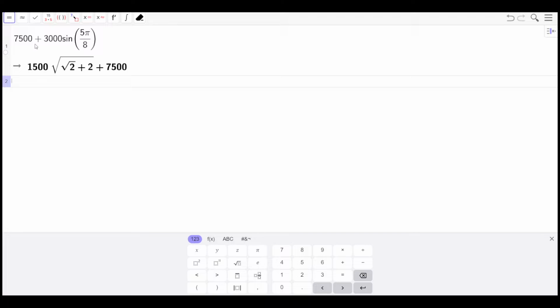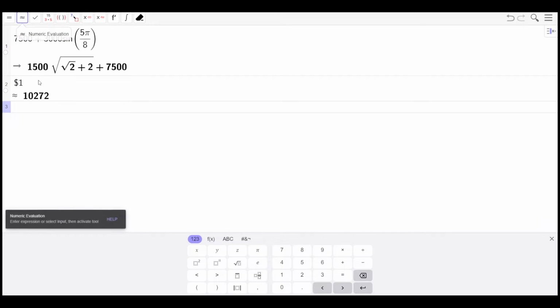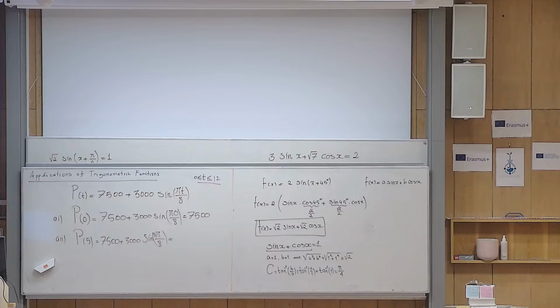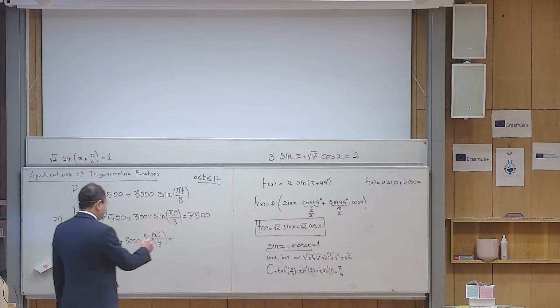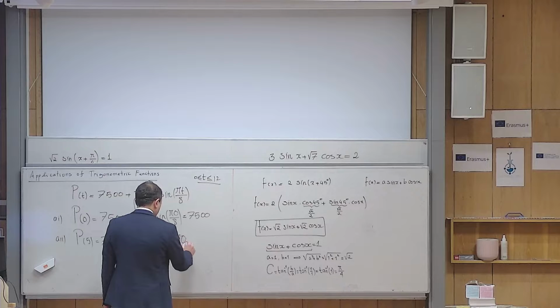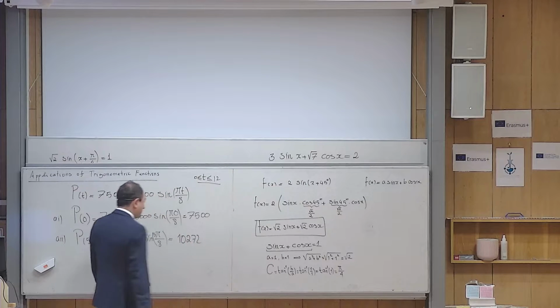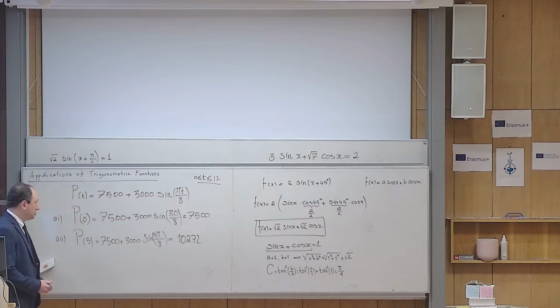But here in this problem, we don't care about exact values. I approximate it, and I have already set the decimal points to 0. So I don't have any decimal points, so it becomes 10,272 grasshoppers after 5 weeks.